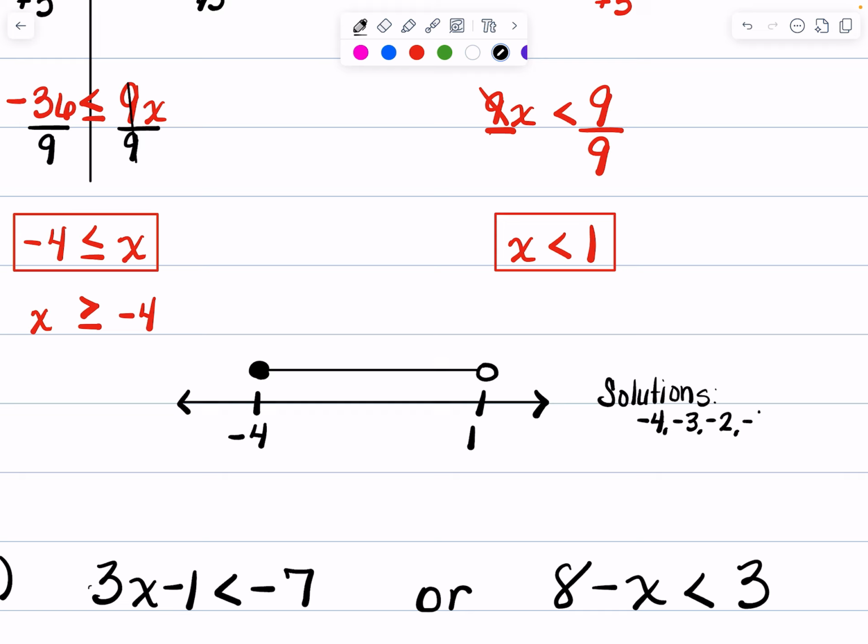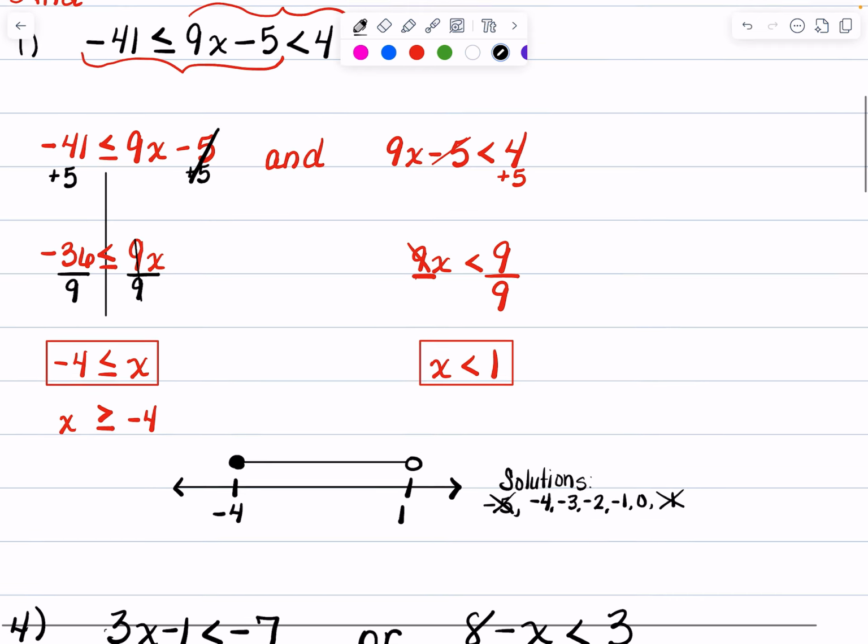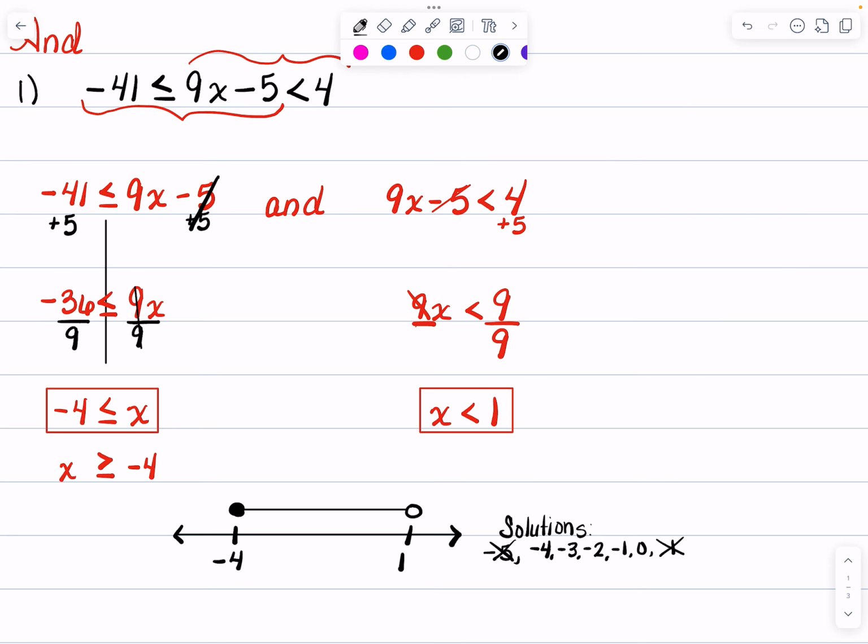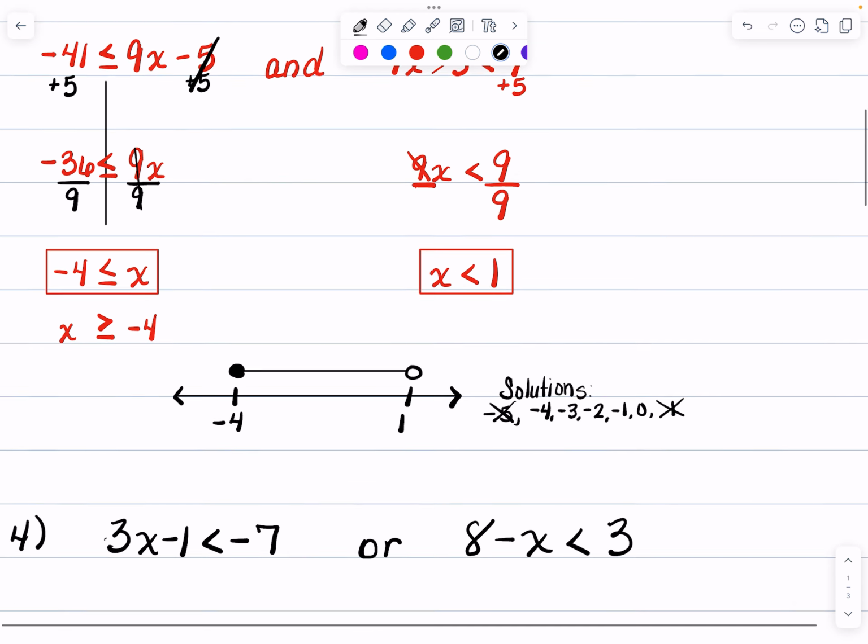A solution could not be negative 5 because that does not fall in that area where the two graphs overlap. All right, let's go on. So that's problem number 1. Okay, let's go on to problem number 2.